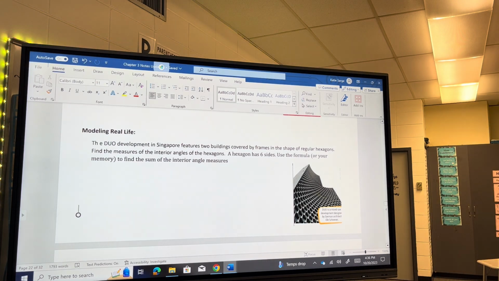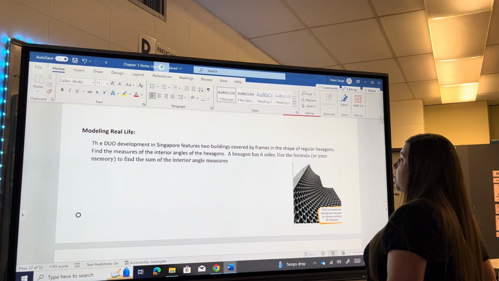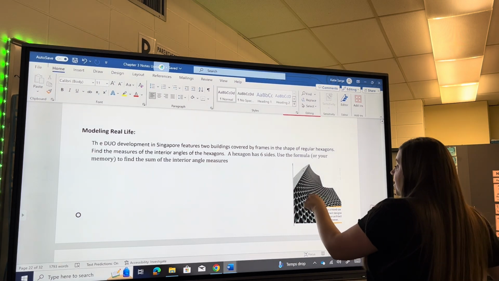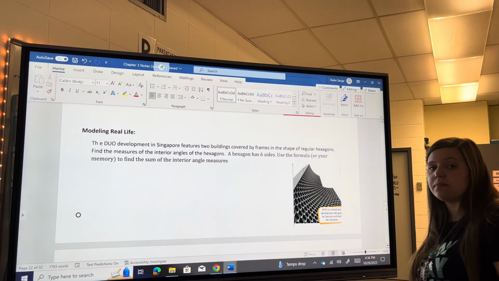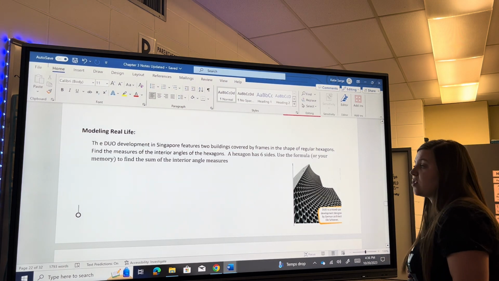It says the Duo development in Singapore features 2 buildings covered by frames in the shape of a regular hexagon. What it means by regular is kind of like what we would mean with an equilateral triangle, okay? Meaning all of the sides of that hexagon are the same, okay?